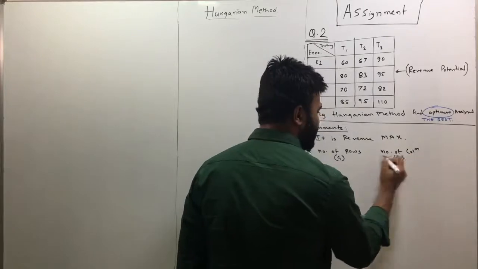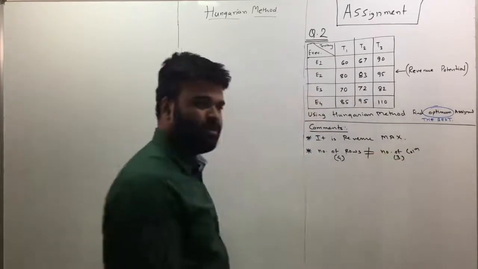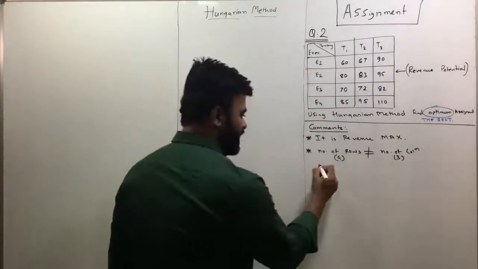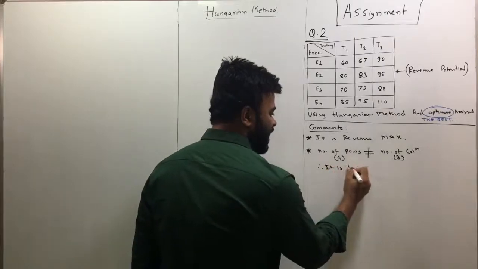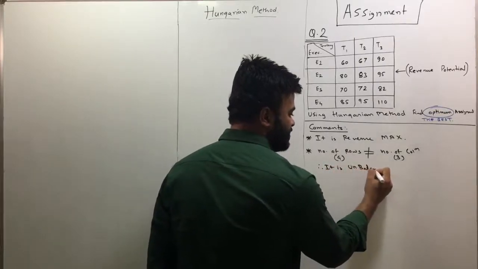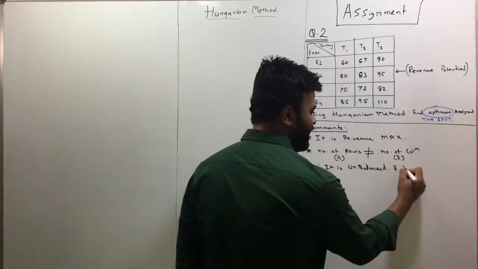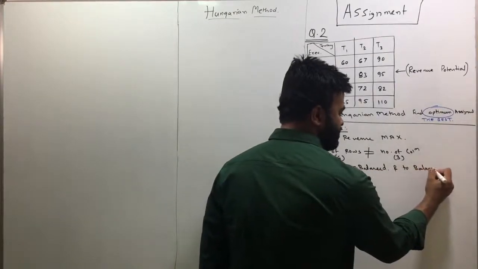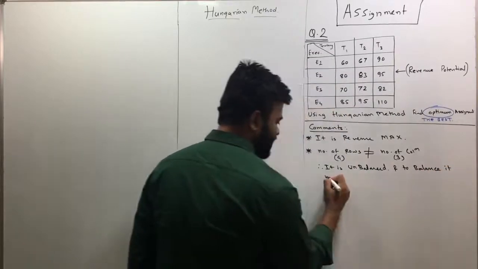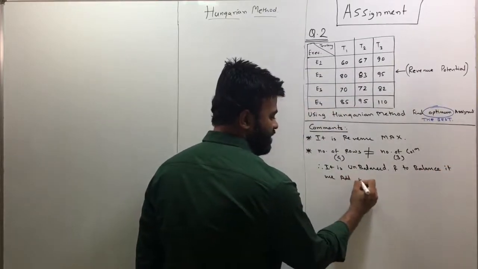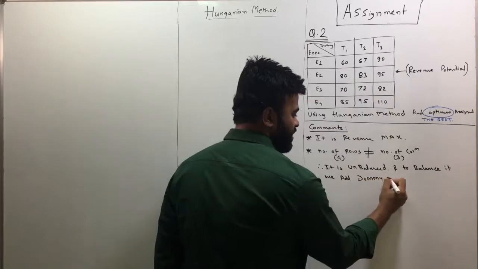The number of rows and columns are not equal, therefore it is an unbalanced problem, and to balance it we add a dummy territory.